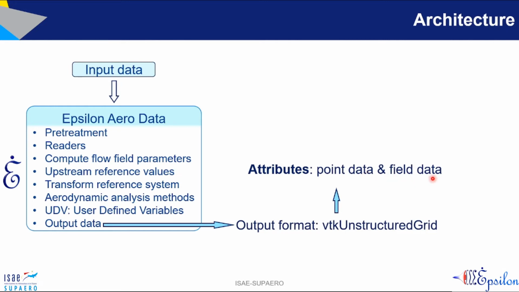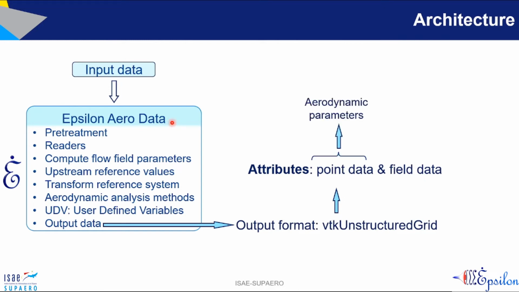Field data, for example, will keep inside the output file some information like the angle of attack and the upstream reference values. These are just single values that are stored in the file, so you can use that afterwards to remind what you have done and also to transmit this information to the other filters that are applied on top of Epsilon Aero Data.